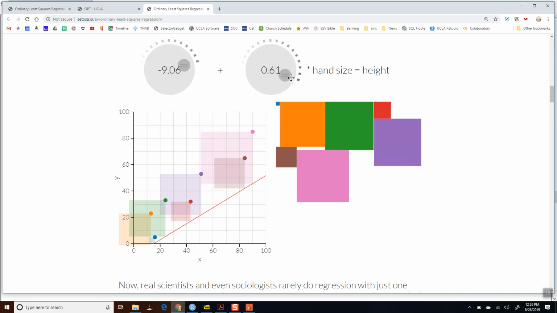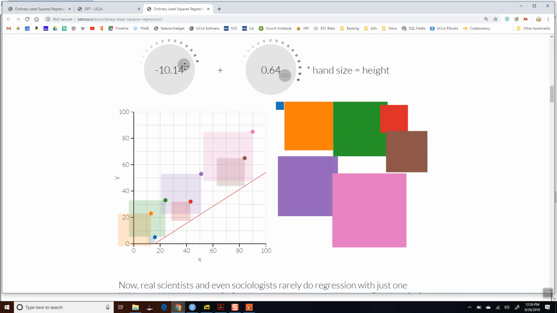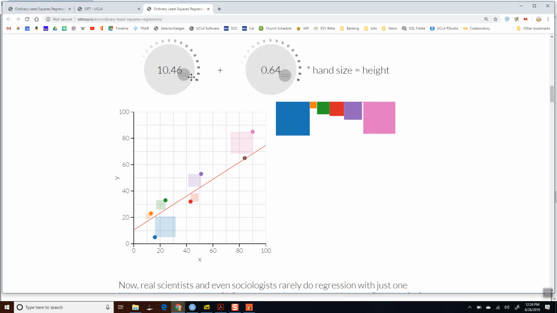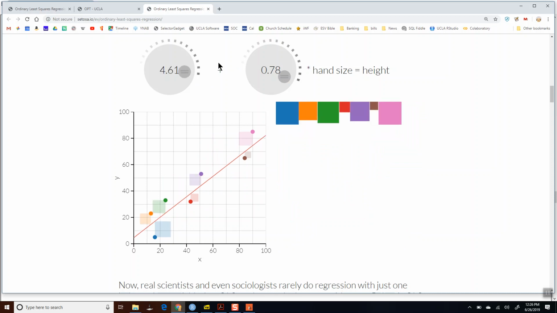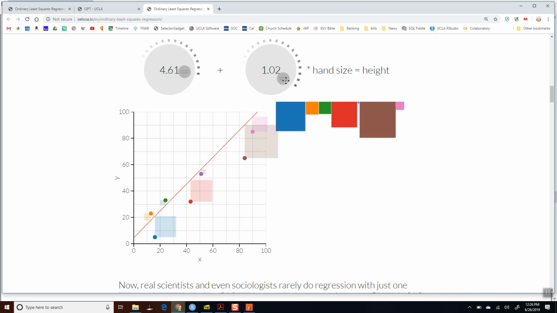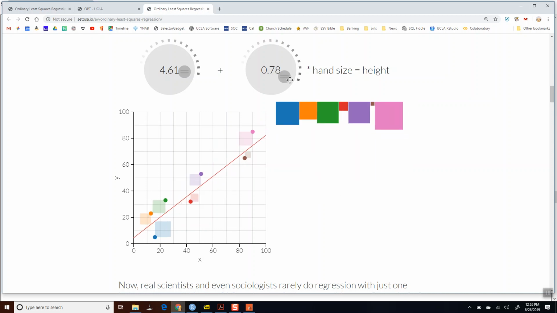So what I want to do is minimize the total squared residuals, which is not easy, but this seems to be doing an okay job, and I don't know, maybe that's better, I don't know, something, right?